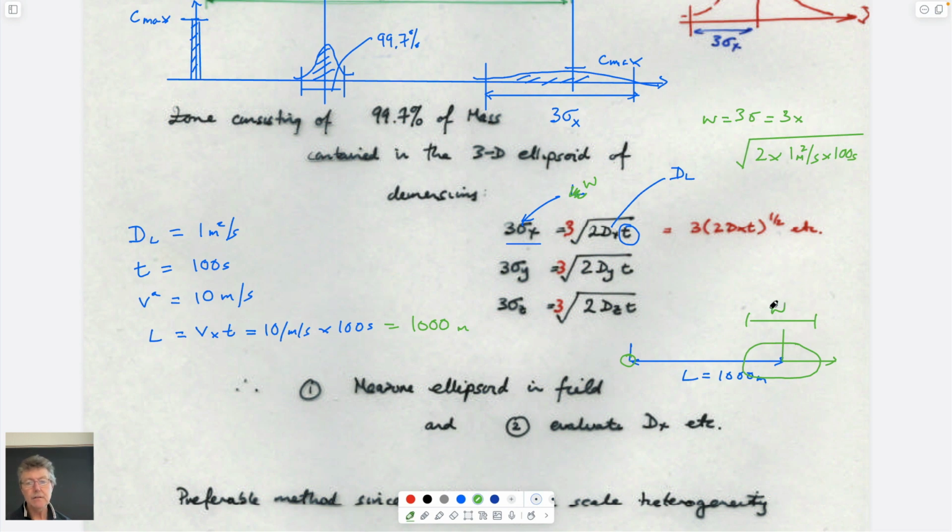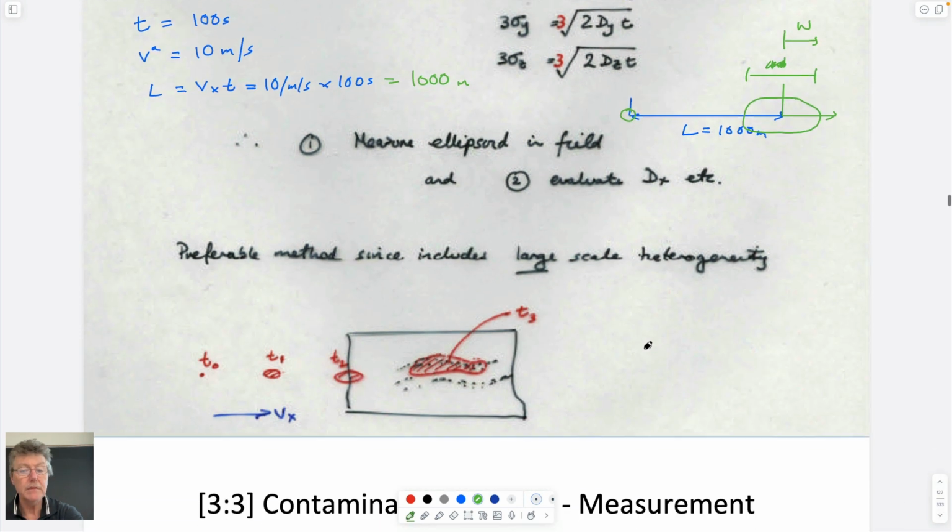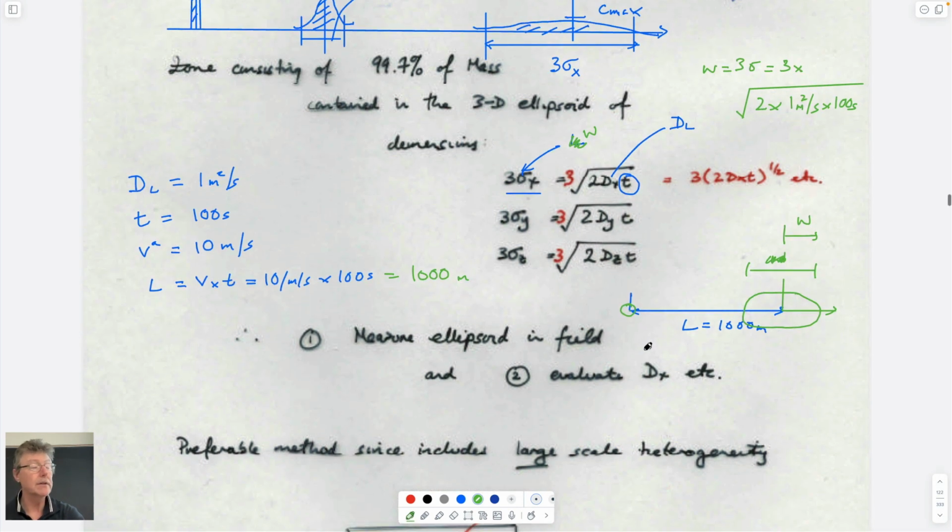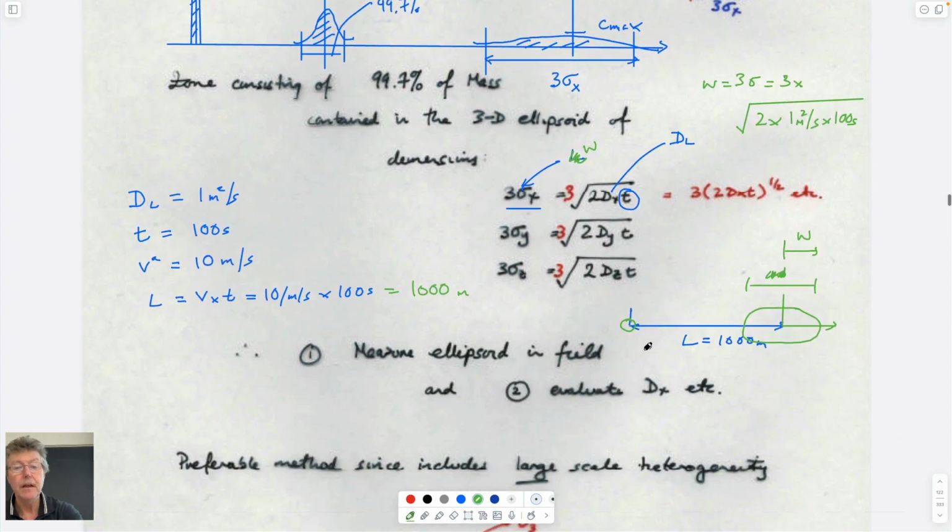And actually, the W is equal to this upstream length. This is 3 standard deviations. And so if we have that information, we have the ability to calculate exactly what our plume will look like as we go downstream.